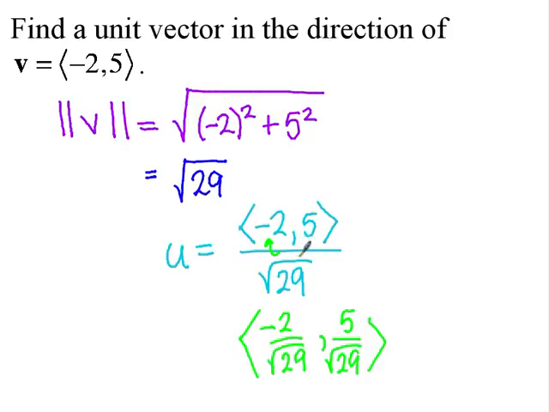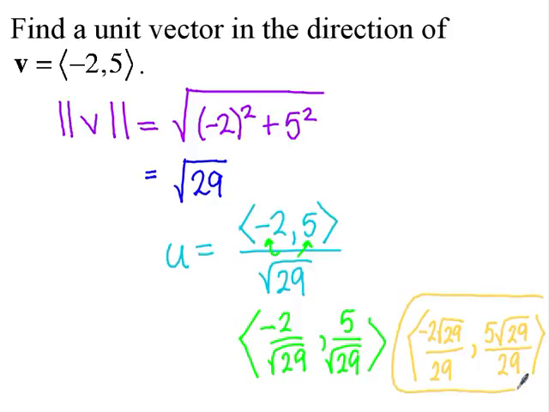But I'm not going to let you leave a root in the denominator. So your final answer should be negative 2 root 29 over 29, and then 5 root 29 over 29. Now that is a unit vector. That means if I calculate the magnitude, I will get a magnitude of 1. So once again, shouldn't be too bad.